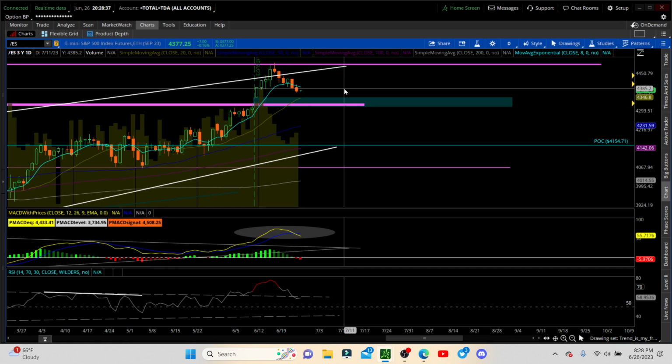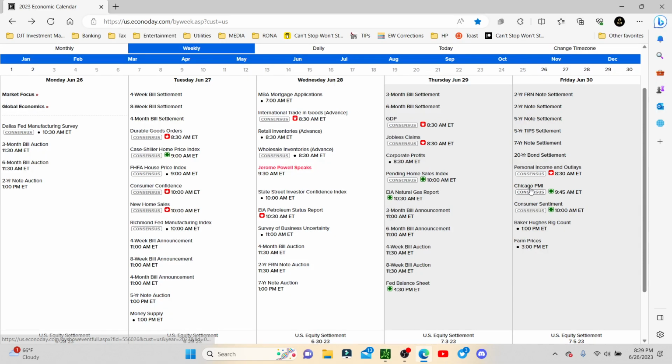I use this economic calendar here, us.econoday.com. It lets you know the major market movers that happen, especially with the red stars. We have durable goods tomorrow, consumer confidence, new home sales, and then Jerome is the most important one this week on Wednesday, and we get all sorts of other data coming out.